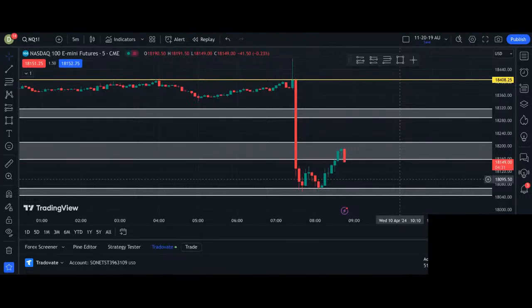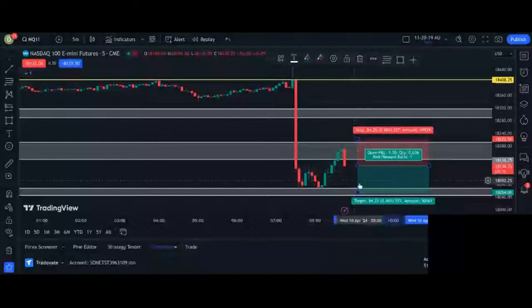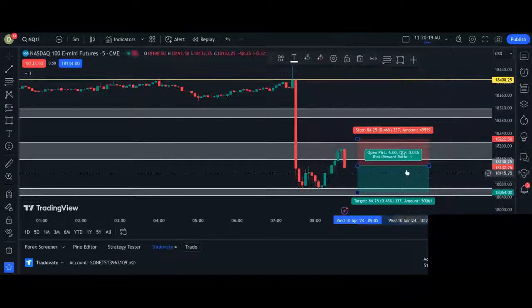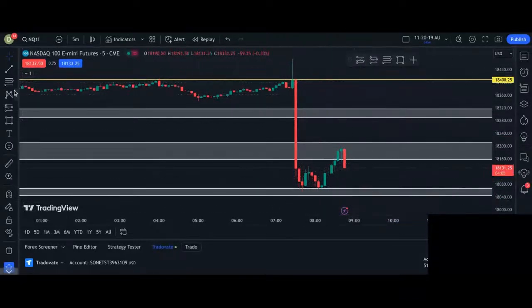See, look at that. Look at that candle there. Let's see what it's doing.